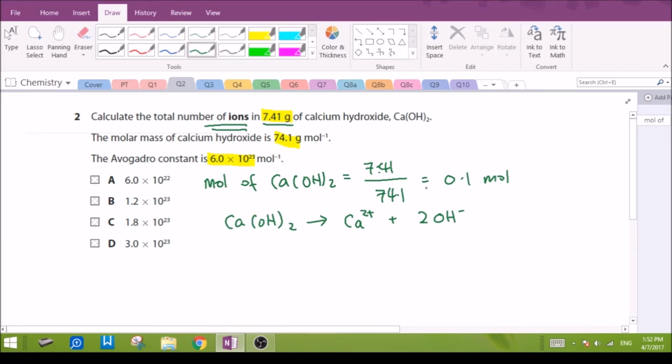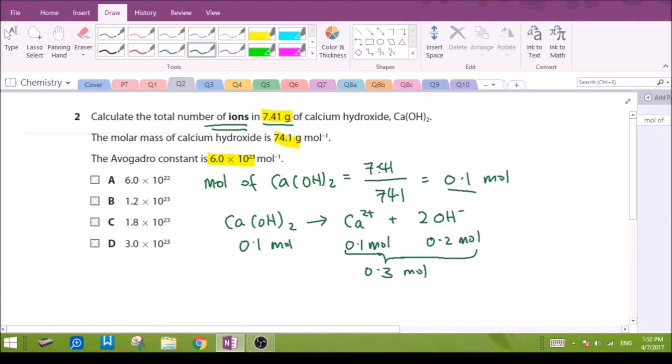So if we have 0.1 moles of calcium hydroxide, we will have 0.1 moles of calcium ions and twice the amount of hydroxide ions. So this will give us the total number of ions. In total, we have 0.3 moles of ions.